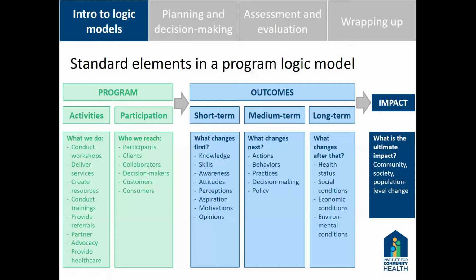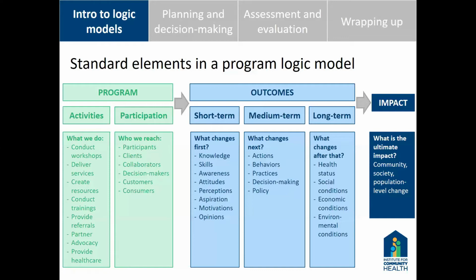There really should be a flow of outcomes that first begins with short-term outcomes, then medium-term, which then leads to long-term and ultimately impact. The types of early changes you would probably see are things like knowledge, skills, attitudes, perceptions, motivations, opinions. Those generally tend to lead to changes in what people are doing, so actions, behaviors, practices, decision-making, policies.